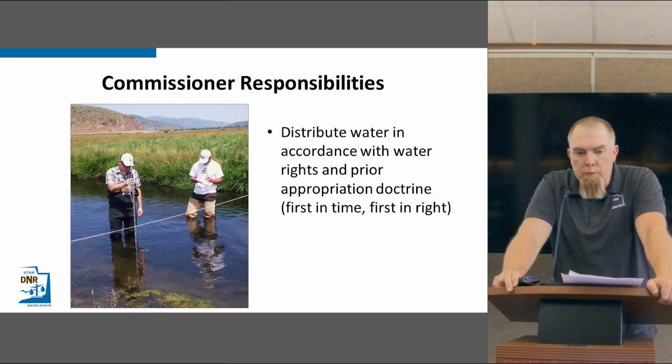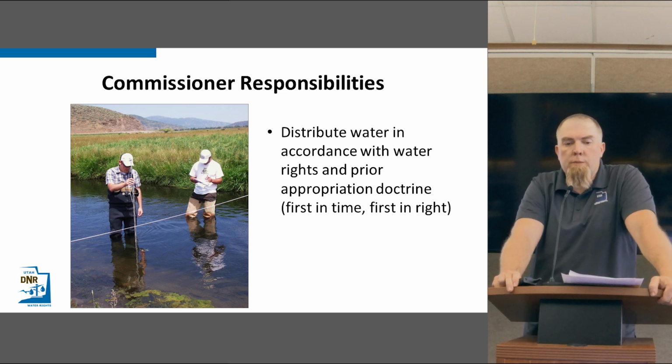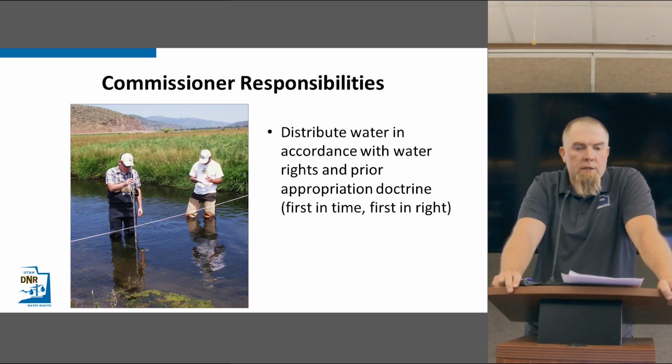The commissioner's responsibility is to distribute the water in accordance with the water rights and the prior appropriation doctrine that we've talked about, that first in time, first in right. A commissioner verifies the uses that are used on the system.